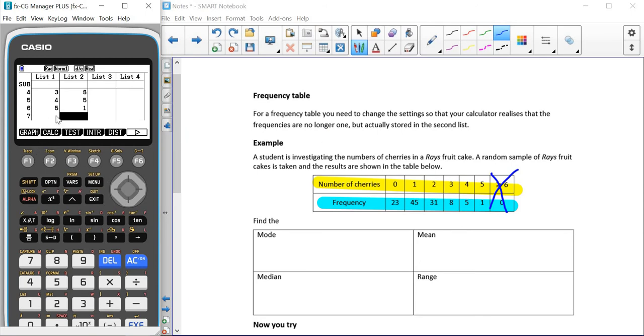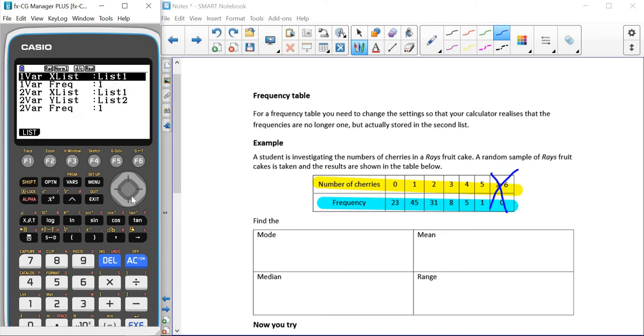This time, still going into our calc, but we need to change our set to tell the calculator how we put our data in. So we put the number of occurrences, in this case the number of cherries, into our list 1, and we put the frequencies, how many of the fruit cakes had that amount of cherries, into list 2. So we need to tell the calculator where we put those.